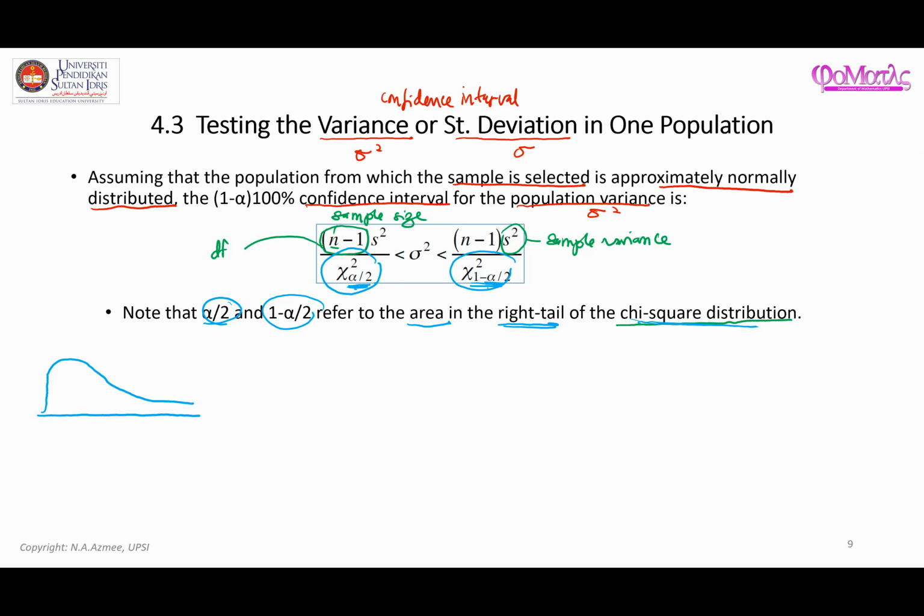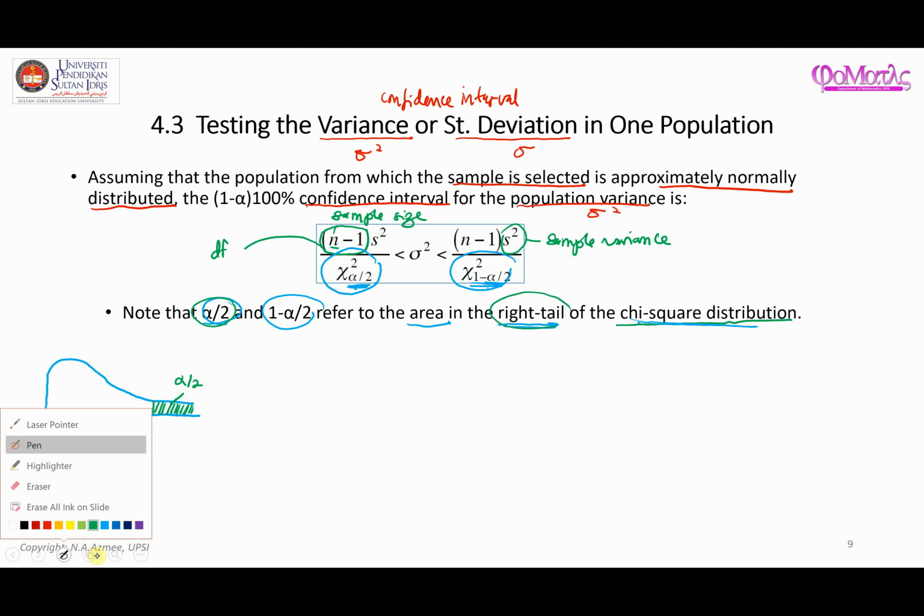So if I imagine the area represented by alpha over 2 in the right tail of the chi-square distribution, it's going to look like this, more or less. This is a small area, and this is equal to alpha over 2.